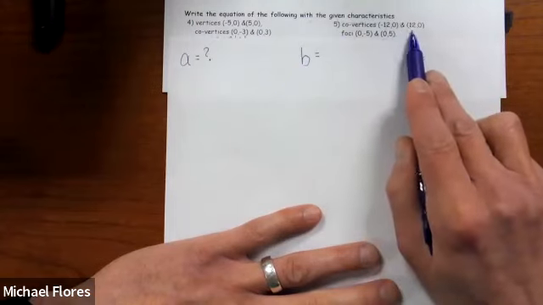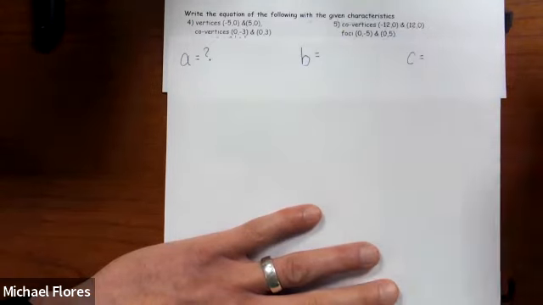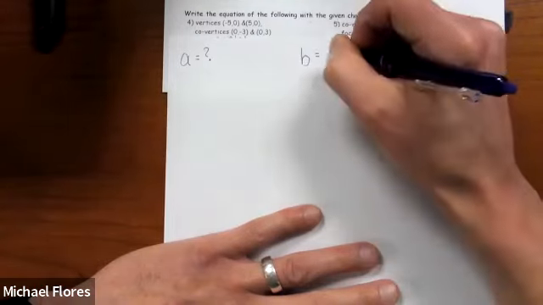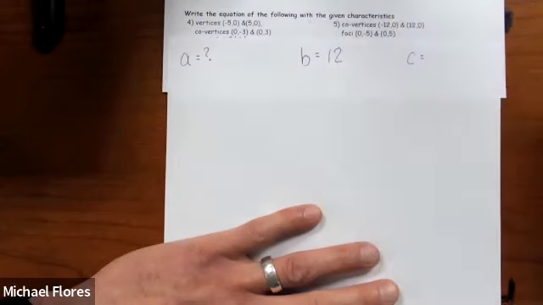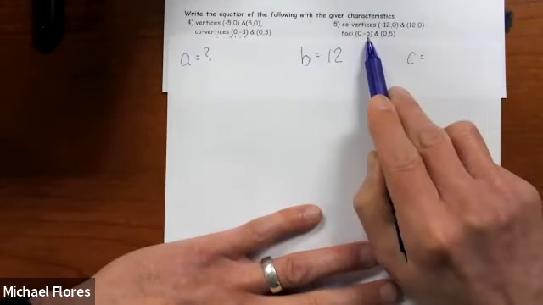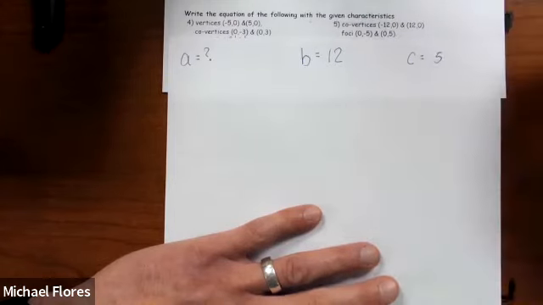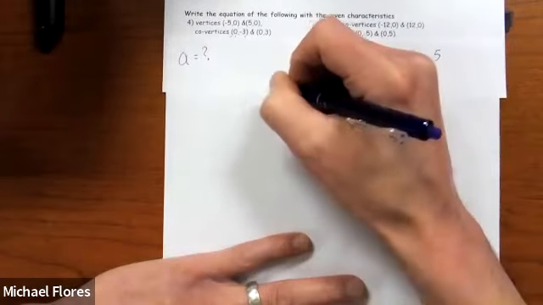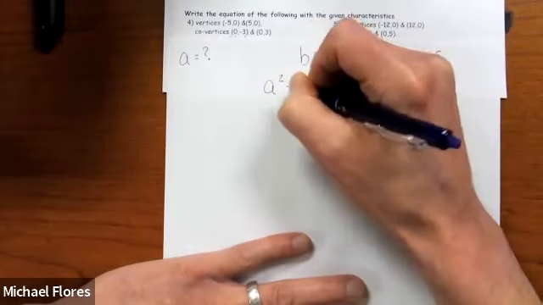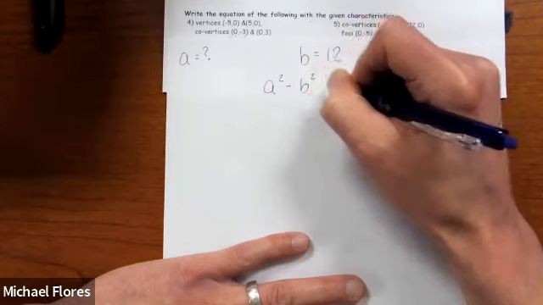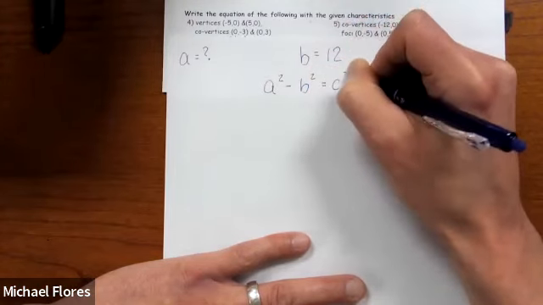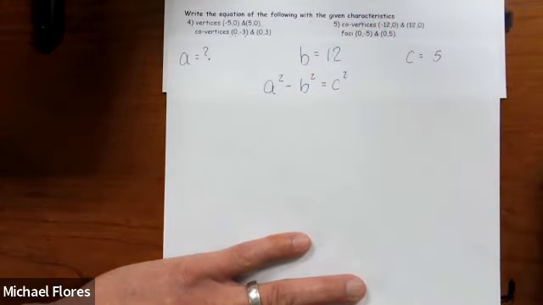Since our co-vertex has 12 units of measure from the center, we know that b is 12. B represents the minor axis. Since our foci is 5 units of measure from our center, that means our c value is going to be 5. So now we can use our equation for finding the foci and substitute where necessary.